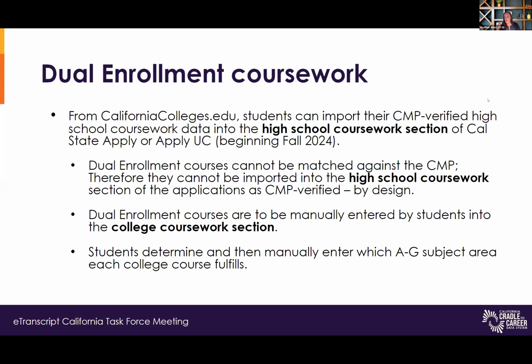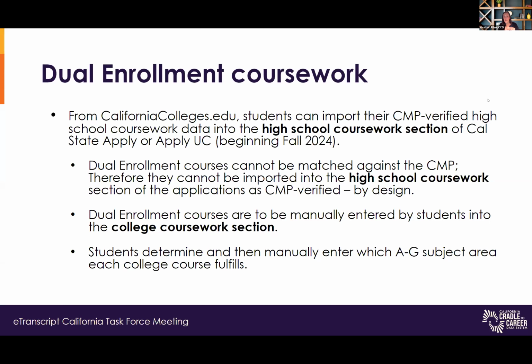But we can't and don't want to move dual enrollment courses automatically into the high school coursework section of their college applications. Instead, those courses need to be manually entered into the college application section of their CSU and UC application. And that's really on purpose because both applications recognize dual enrollment courses differently than they do high school courses.